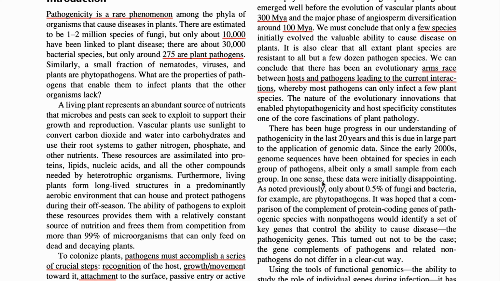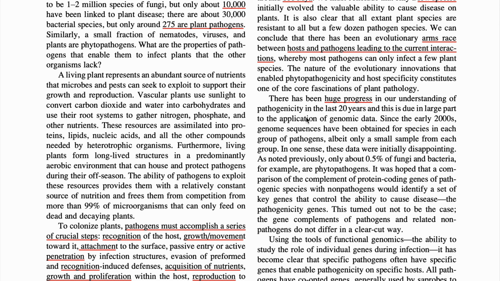Now, there has been huge progress in our understanding of pathogenicity in the last 20 years. Why? Because of the large part played by the application of genomic data.